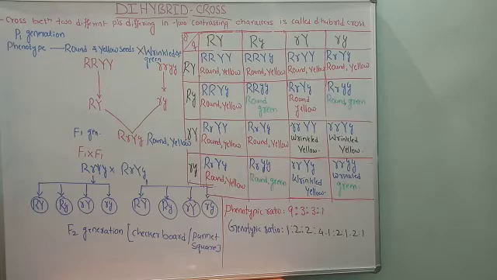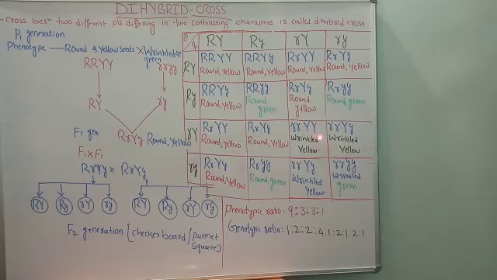Now after that, what should we get? Round and green, how many are there? Let us count. Round and green 1, 2, 3. Thus 3. 9 is to 3. After that, wrinkled and yellow, how many are there? Let us see.